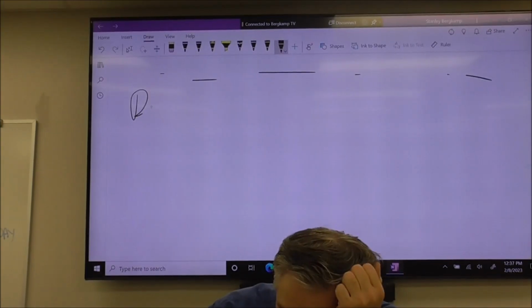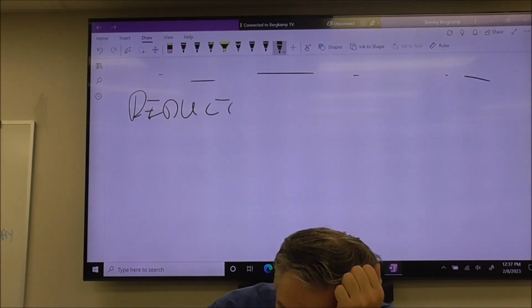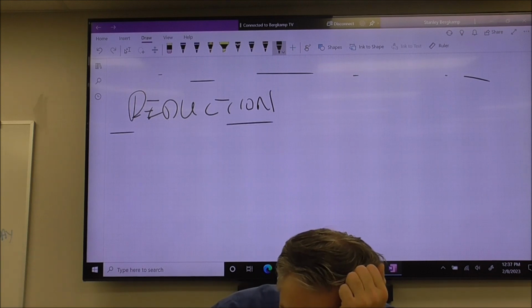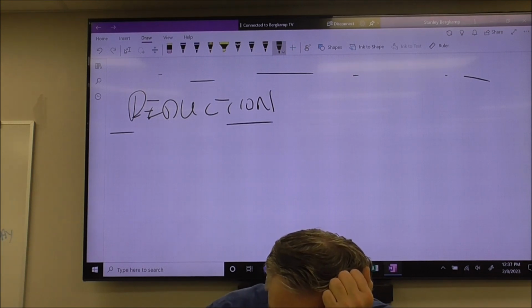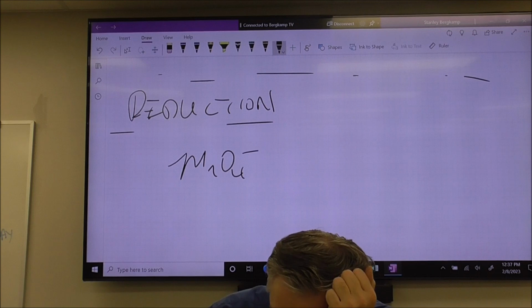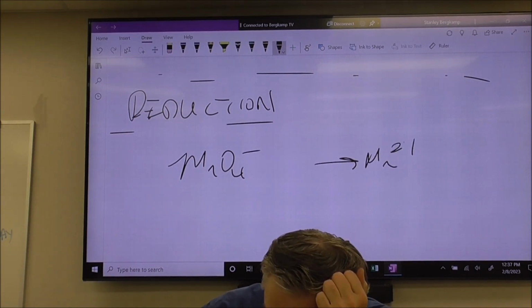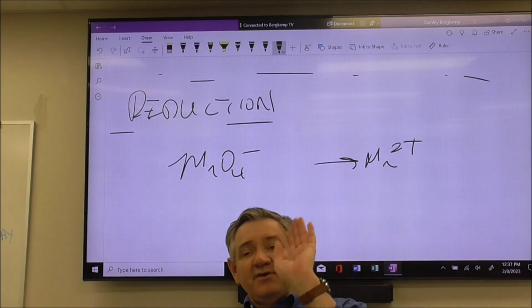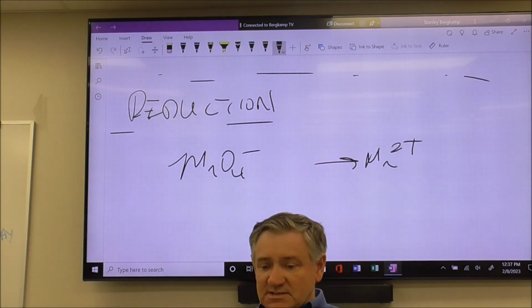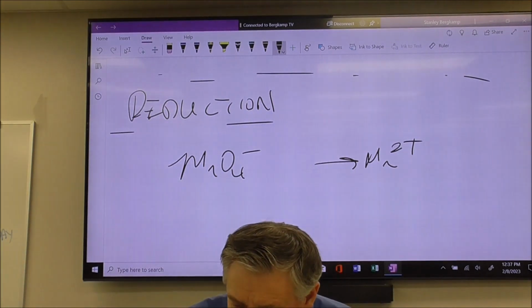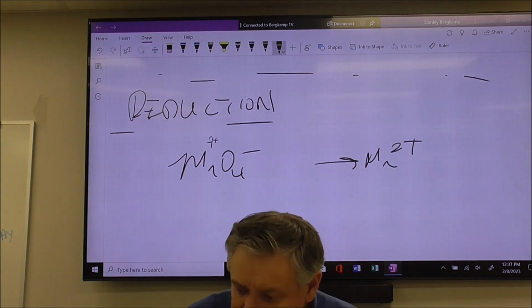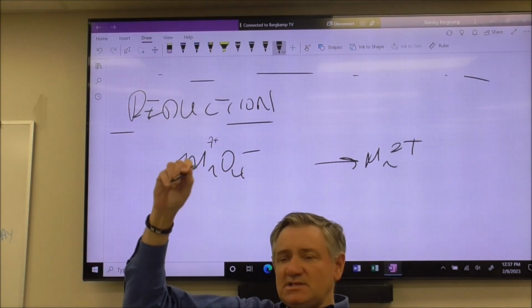So on the reduction on number 1, you're going to start with MnO4⁻, and it's going to turn into Mn2+. So if you figure out what's being reduced and what's being oxidized, this Mn is sitting here at 7+, it turns into Mn2+.